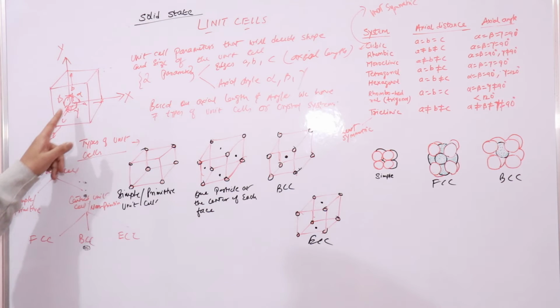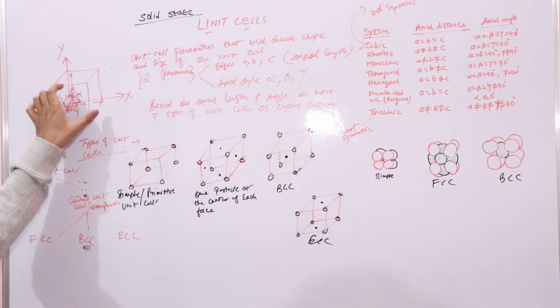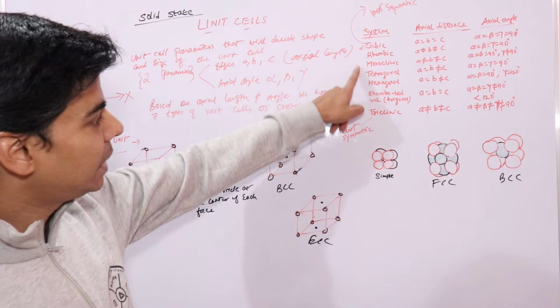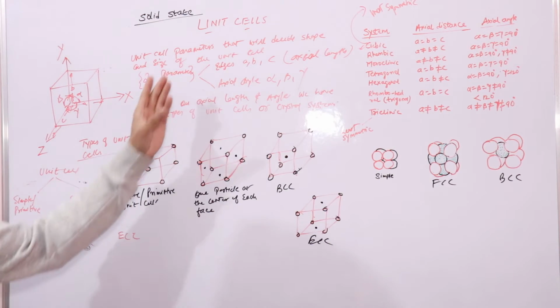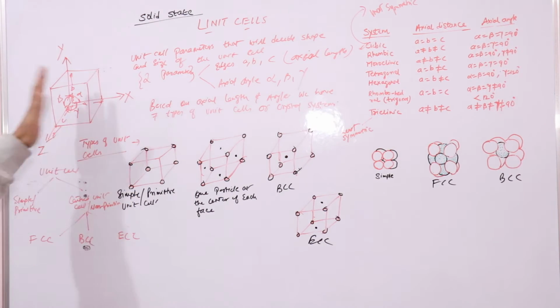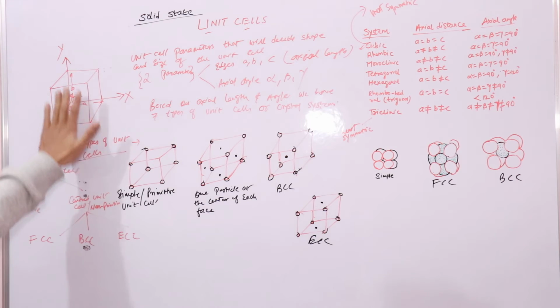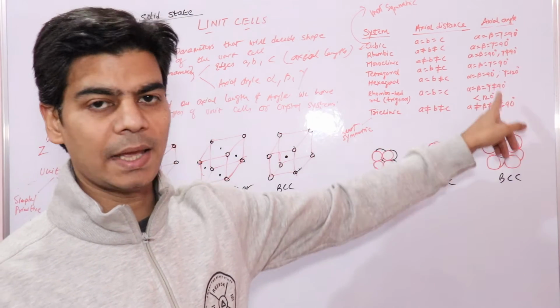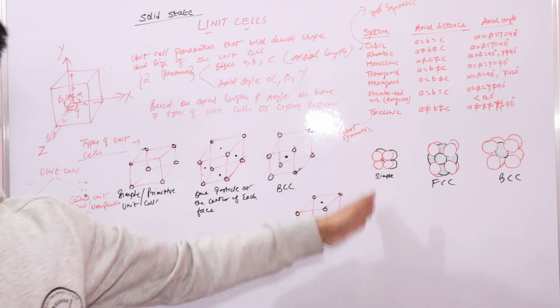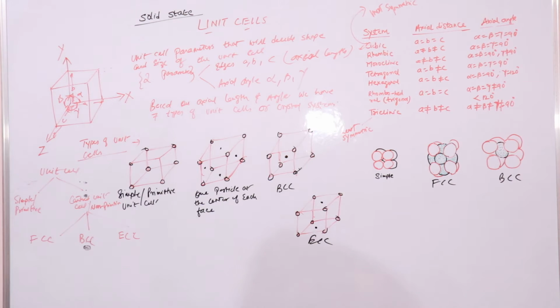Based on these axial lengths and axial angles, we have different shapes of crystals. The shape and size of the crystal depend on these axial lengths and axial angles.